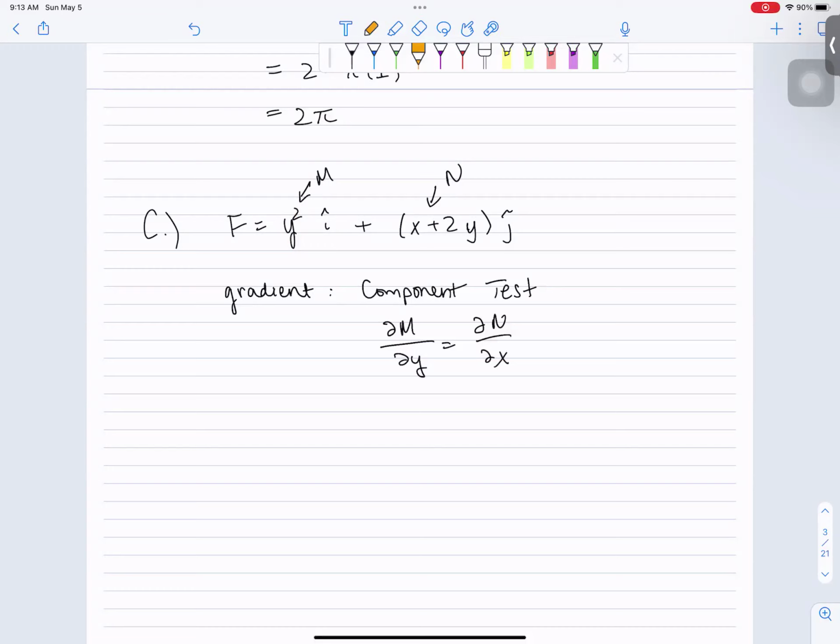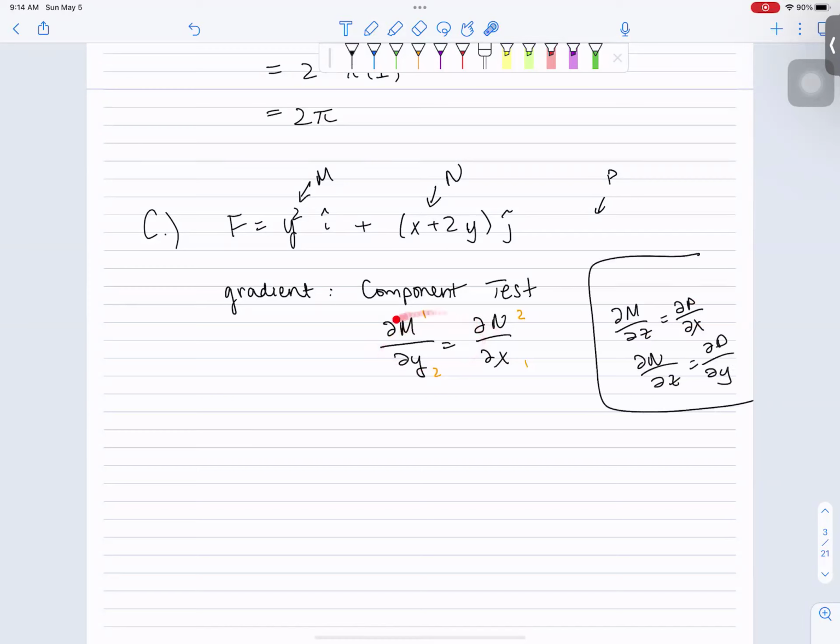I remember it as first component over second variable, second component over first variable. If I had another component, say my third one I called p, then you have to check n with respect to z, first with respect to third equals third with respect to first, and so on. But right now we only have two components, so this is all we have to check.